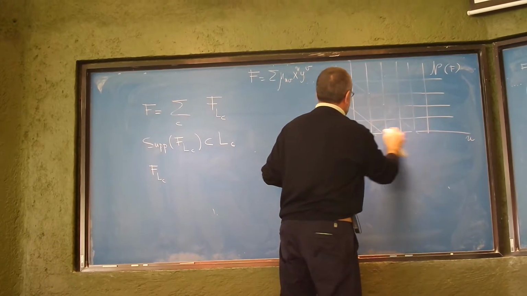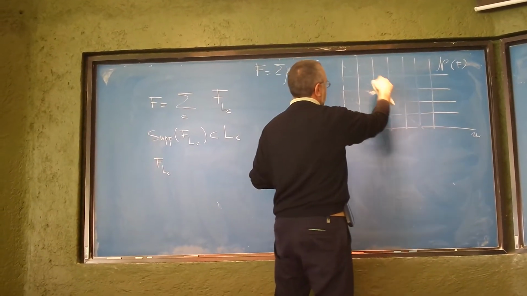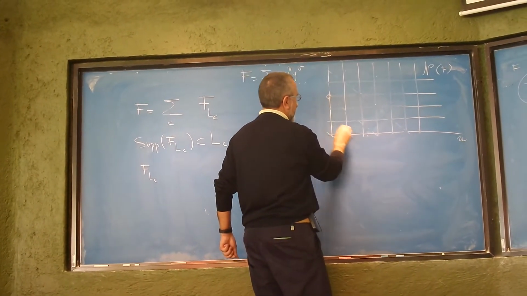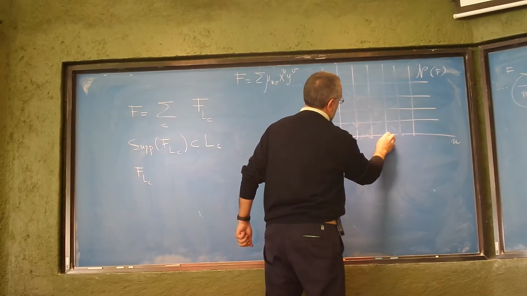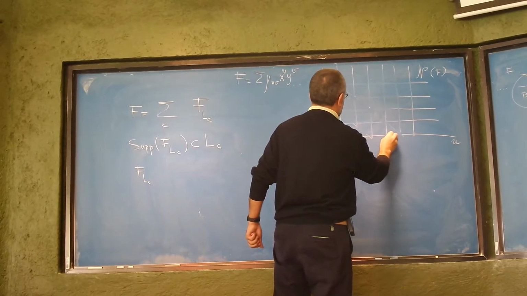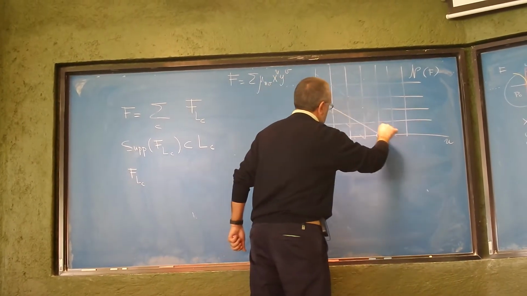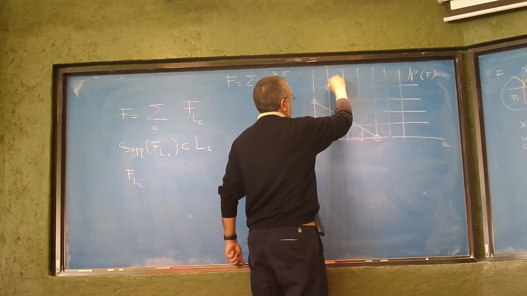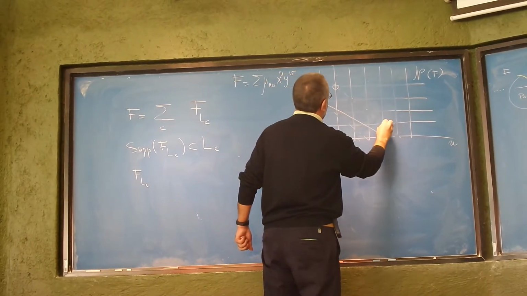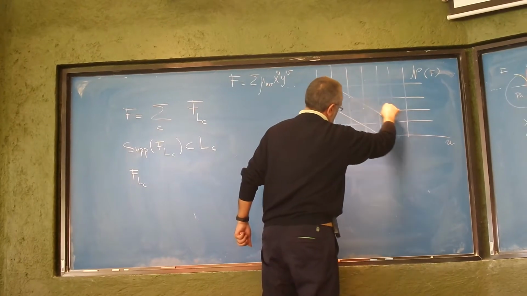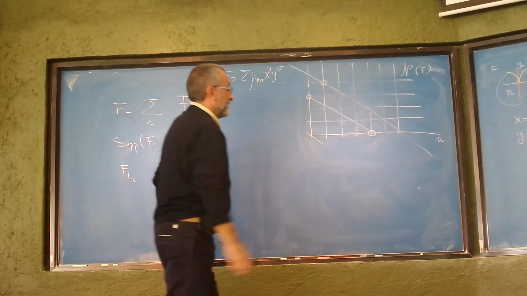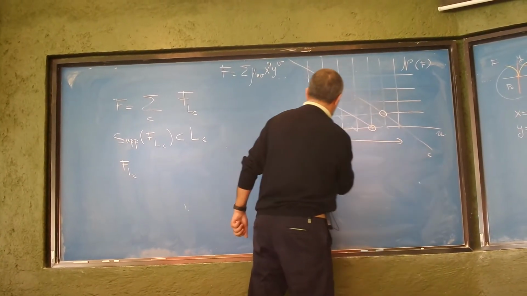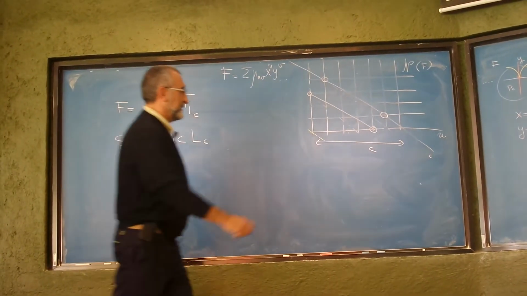I'm going to take a slope, say 3/4. Assume that this is C and this is LC.